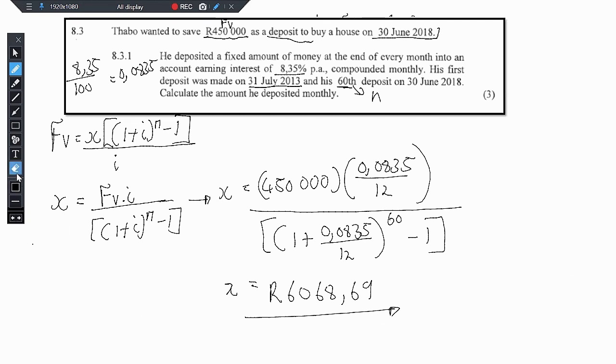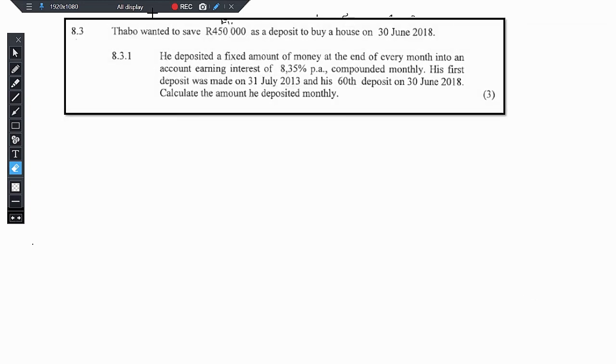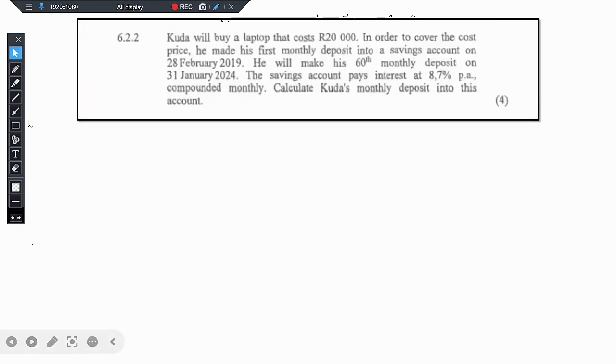Right. And then let's look at the last example to solidify what we have learned. Now we have another extract from the exam. Says Kuda will buy a laptop that costs 20,000. In order to cover the cost price, he made his first monthly deposit into a savings account on 28 February 2019.